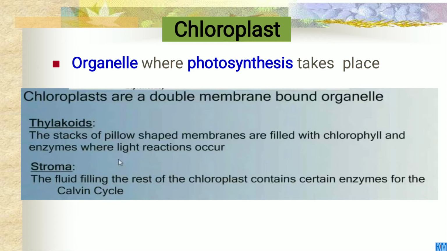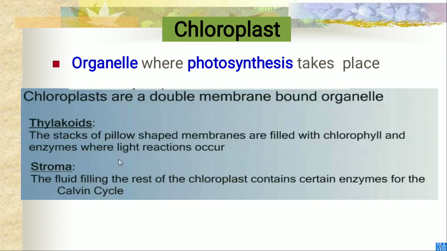Thylakoids are stalks of pillow-shaped membranes filled with chlorophyll and enzymes where light reactions occur. In thylakoids, light reaction occurs. Next one is the stroma. Stroma is the fluid filling the rest of the chloroplast, containing certain enzymes for the Calvin cycle.